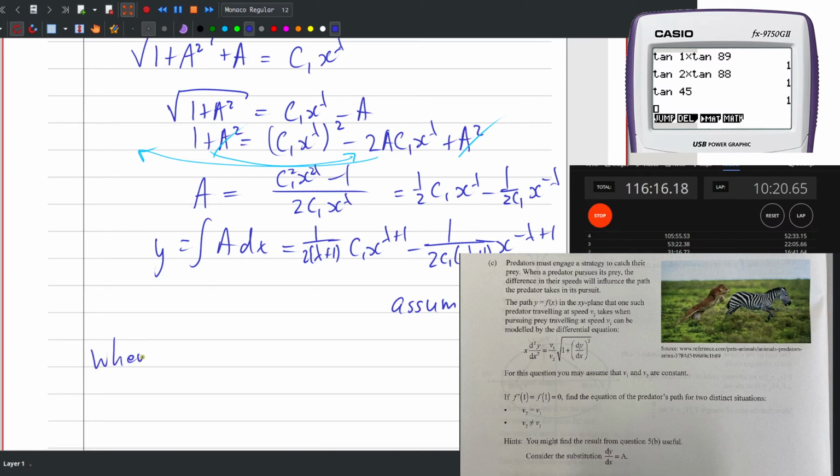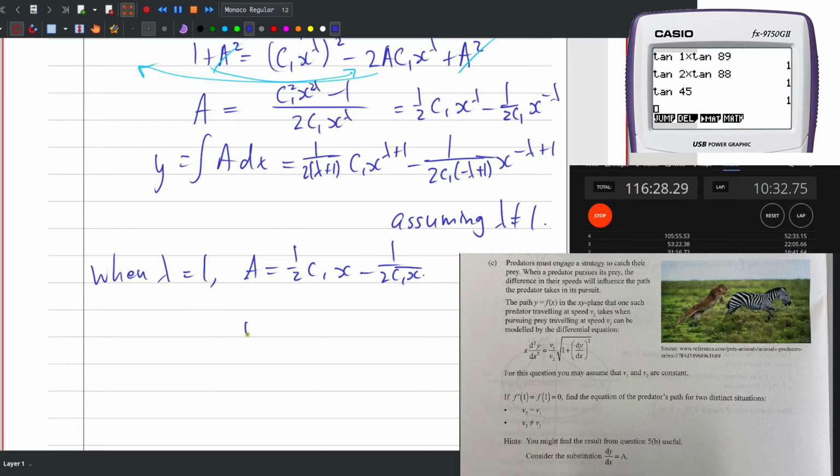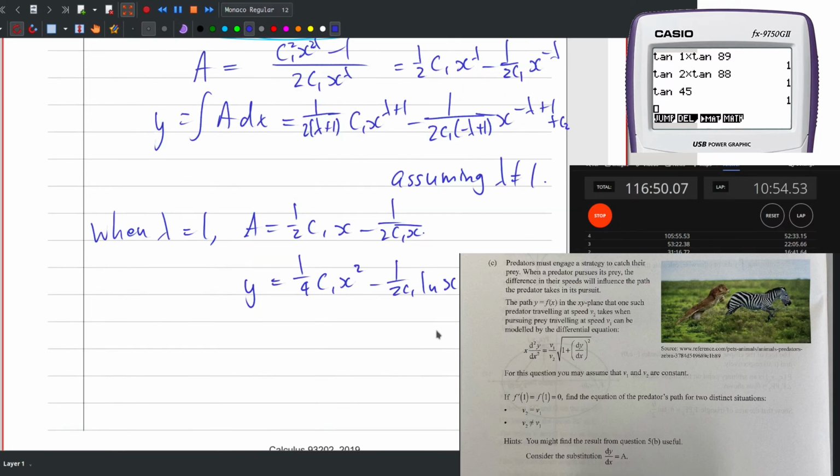When lambda equals 1, a equals a half c1 x minus 1 over 2 c1 x, and then y equals a quarter c1 x squared minus 1 over 2 c1 ln x, and then of course plus c2, and then it should be all good, right?